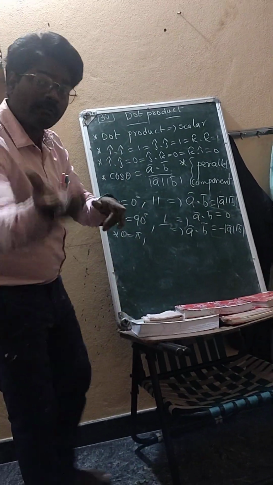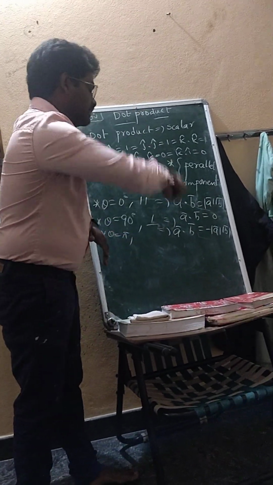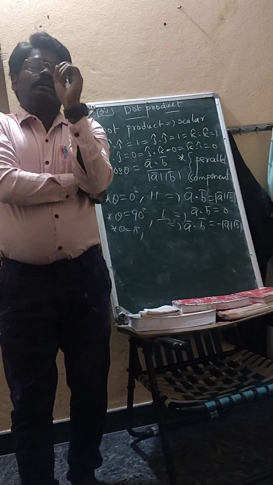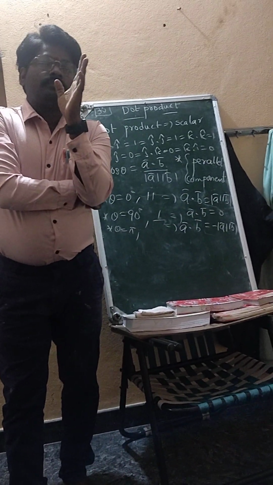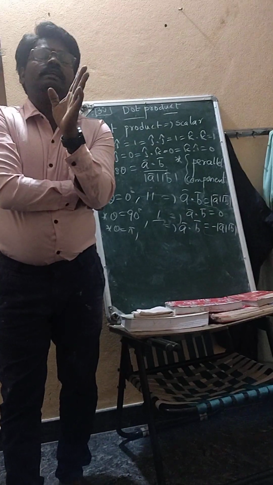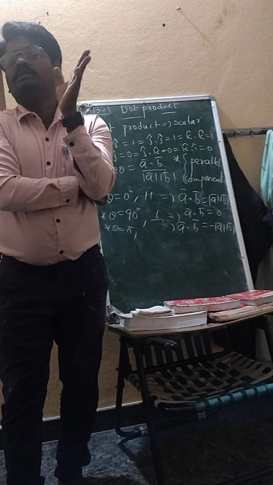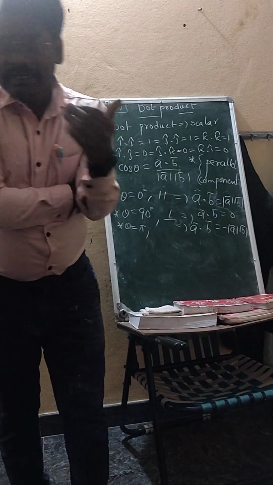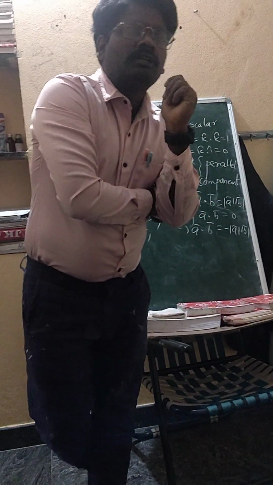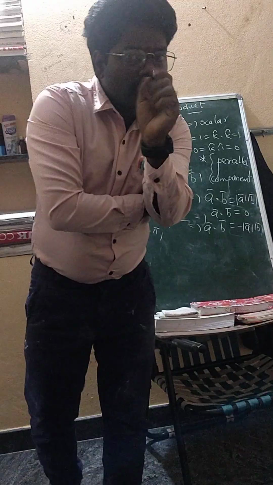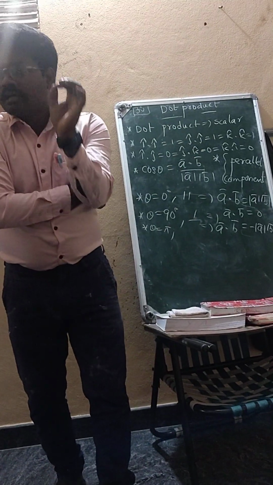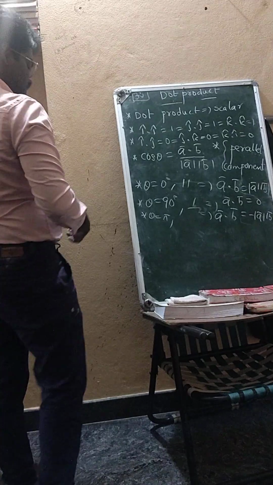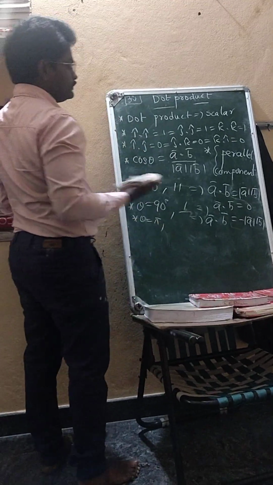Theta equals 90, perpendicular: A bar dot B bar equals 0. When the dot product is 0, the vectors are always perpendicular. C bar dot D bar equals 0 means perpendicular, angle theta equals 90 degrees. Suppose X bar dot Y bar equals 0: angle theta equals 90 degrees, that is perpendicular. Remember that.